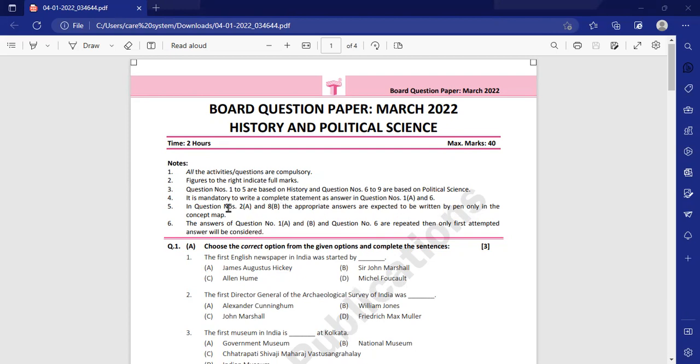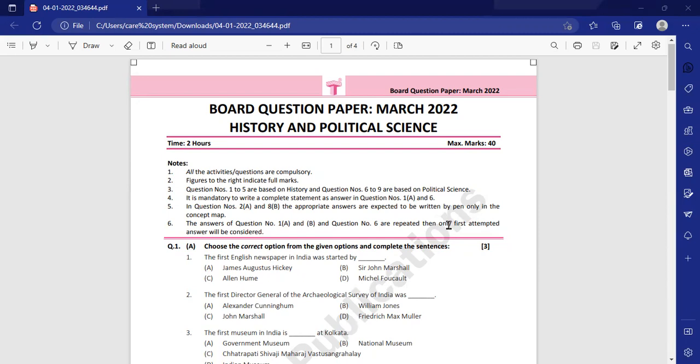science. In question numbers 2A and 8B, the appropriate answers are expected to be written by pen only in the concept map.